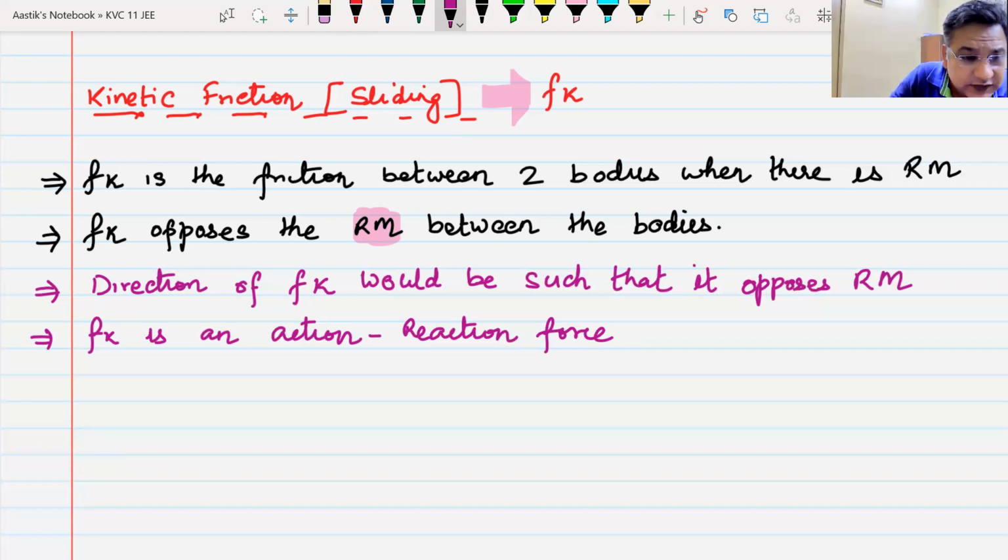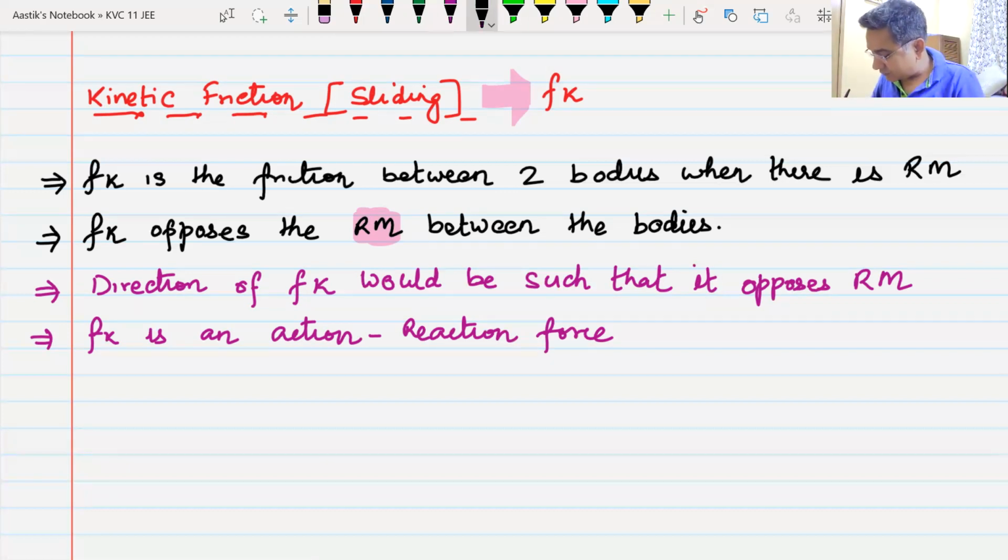The direction of sliding friction or kinetic friction would be such that it will oppose the relative motion between the two bodies, the sliding.